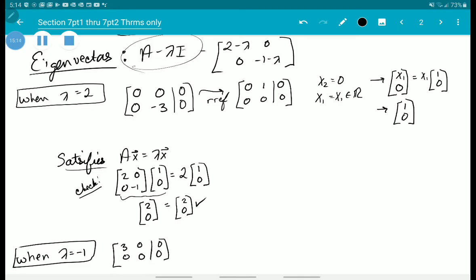And remember, we're setting that guy equal to 0 when we do it. When we do RREF, we take row 1 and replace it with 1/3 row 1. So this tells us that x1 has to be 0 and x2 can be anything.